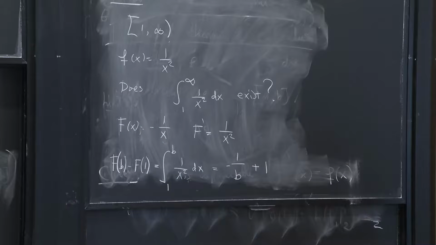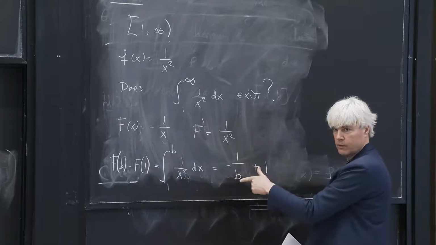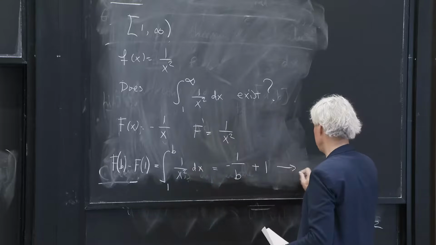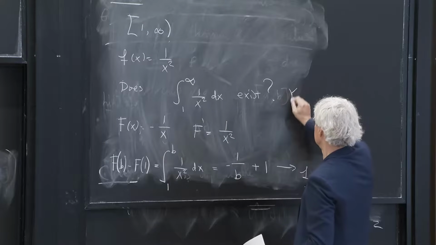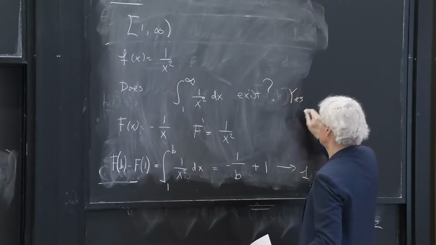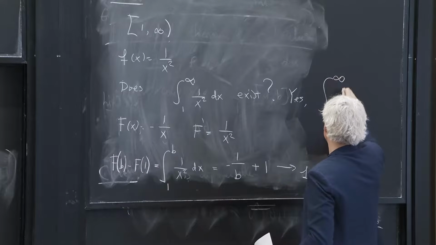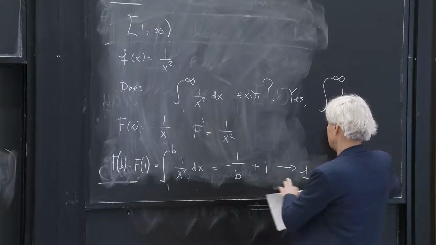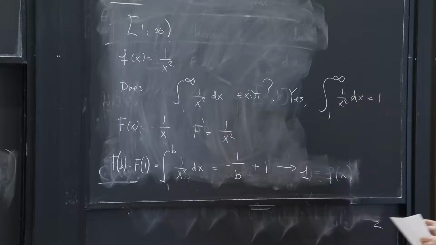And so you see that as b goes to infinity, the term 1 over b converges to 0, so this converges to 1. So indeed, the improper integral exists, and because it converges to 1, it's equal to 1.